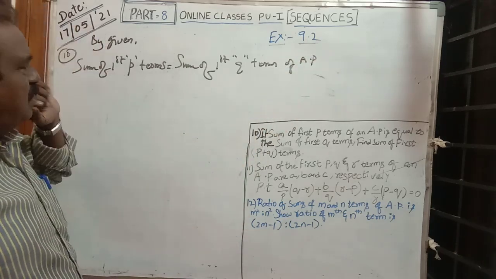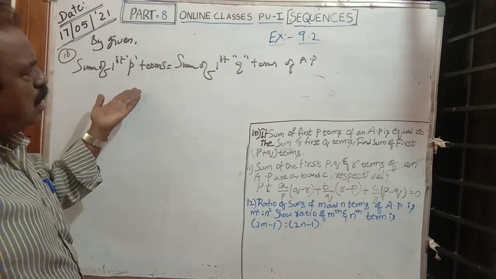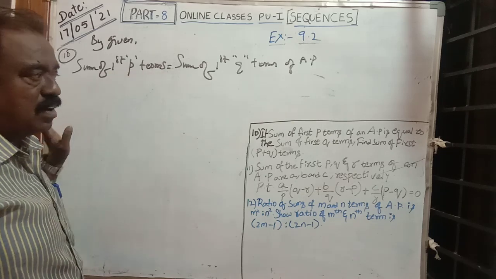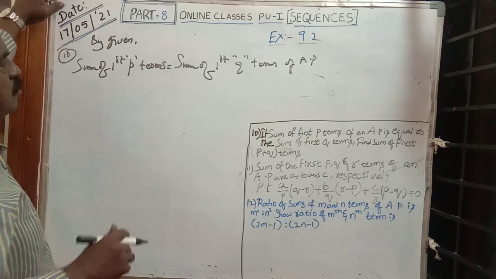A difference is there. First 6 terms, first 7 terms, like that, both are equal in some APs.